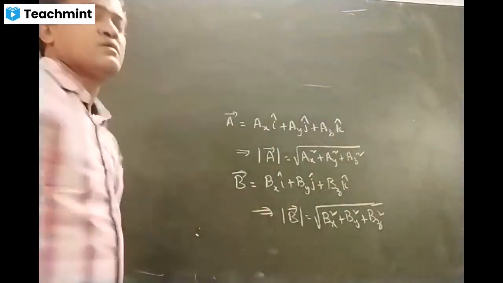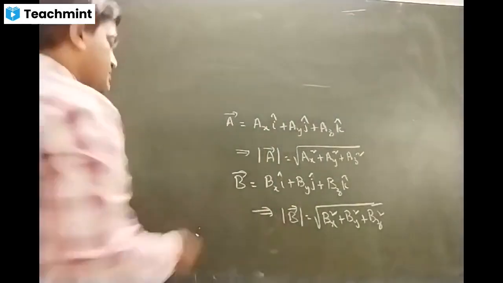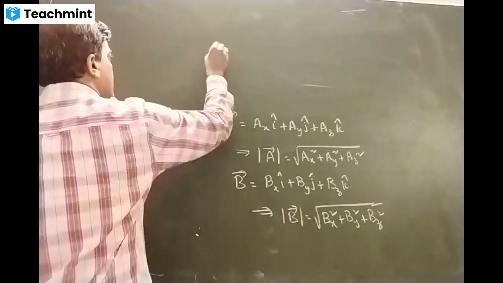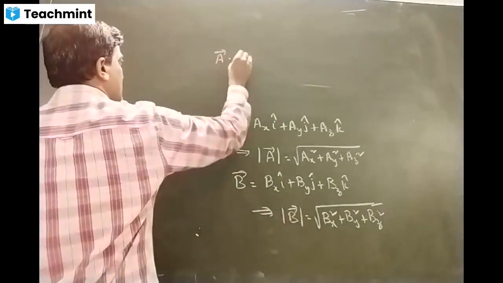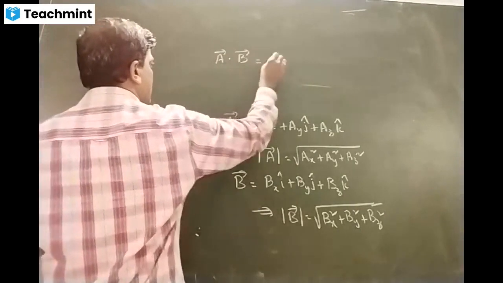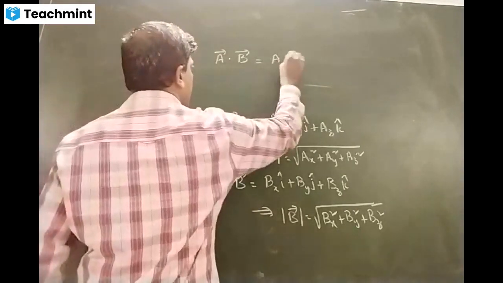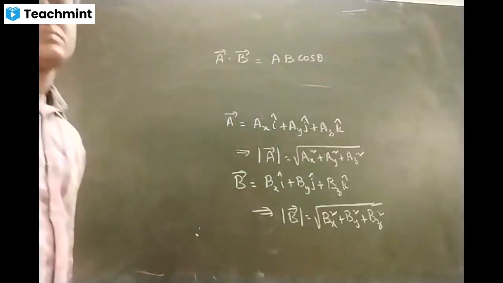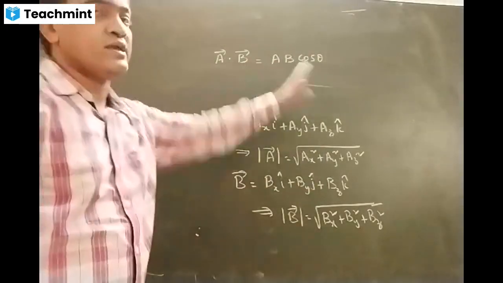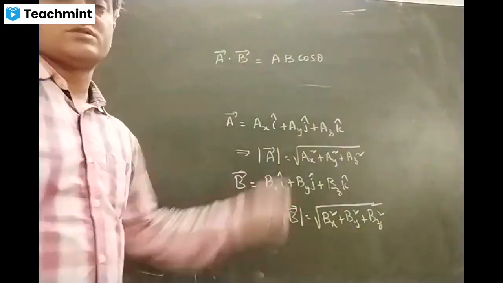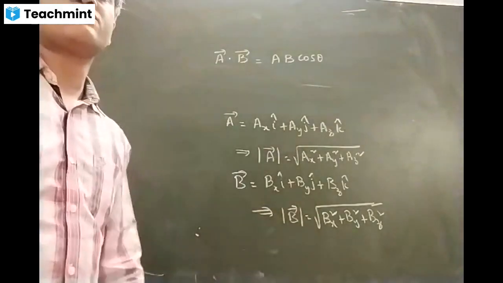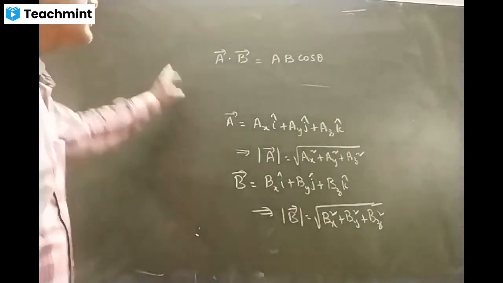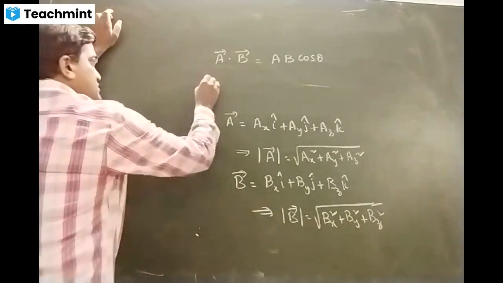Now let me show you one more thing. What is the formula we have for A bar dot B bar? A bar dot B bar is equal to AB cos theta. This is the definition of dot product of two vectors. Right? Now, can I write like this?